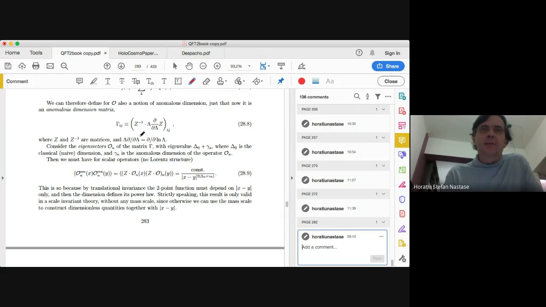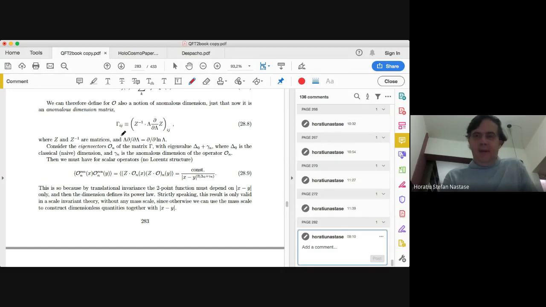And the number really meant that the field now did not have the classical mass dimension, but had the classical mass dimension plus this anomalous one. But now this is a matrix, so I have to consider the eigenvectors of this anomalous dimension matrix.